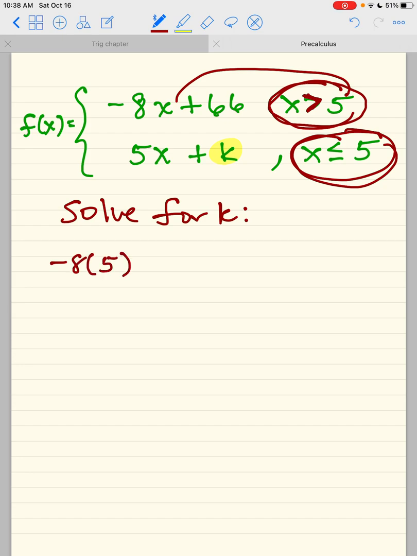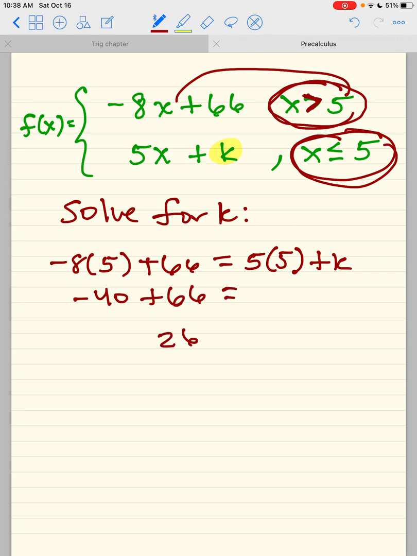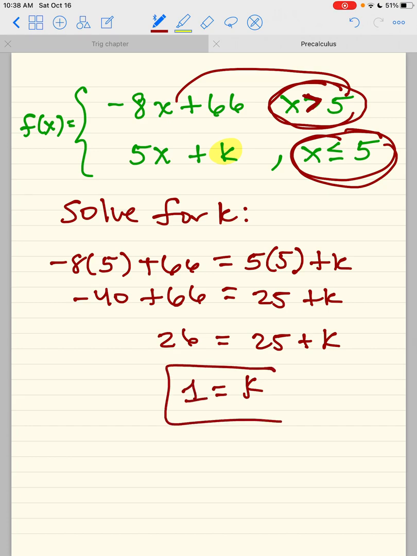So we get -8 times 5 plus 66 must equal 5 times 5 plus k. Basic algebra. -40 plus 66 is 26. 25 plus k. 25 plus what number makes 26? K must be 1. So all we have to do is plug in for x, and we get our answer.